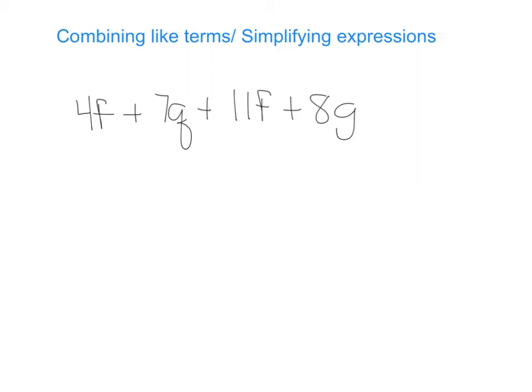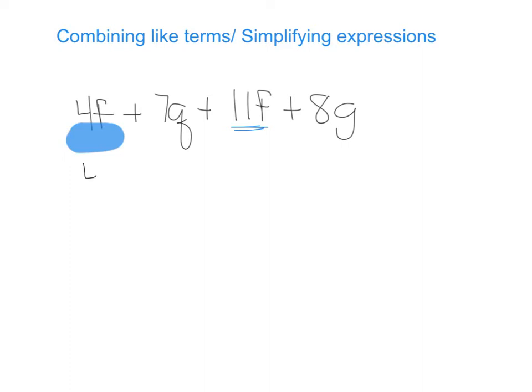So if I'm looking, I see 4f and I see 11f. Those have the same variable, and that means that they are like terms. I don't have any other like terms because this is a 7q and that is an 8g.